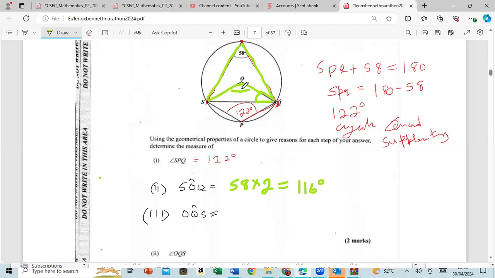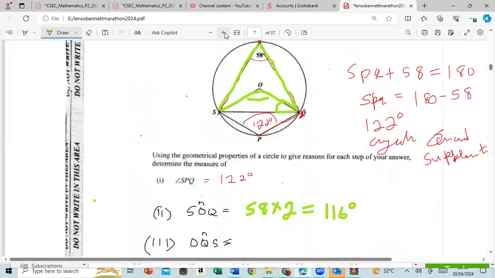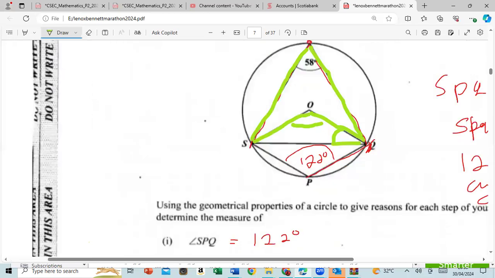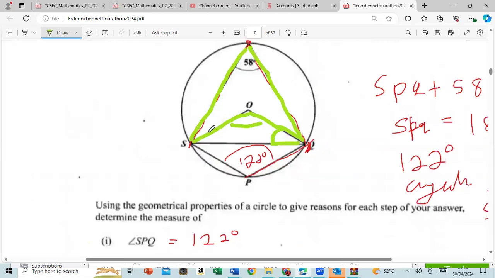And this was 122. Let me enlarge it. Technology is powerful, you know, guys. See there? So just zoom in on that little piece here. We put in the 122 we got as well, so persons can see it.